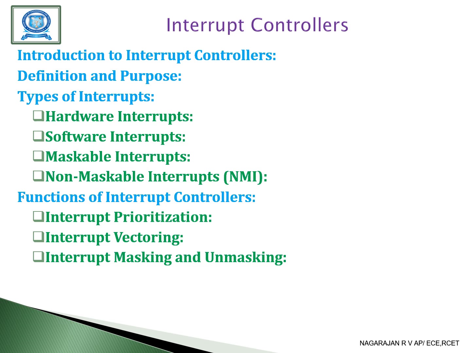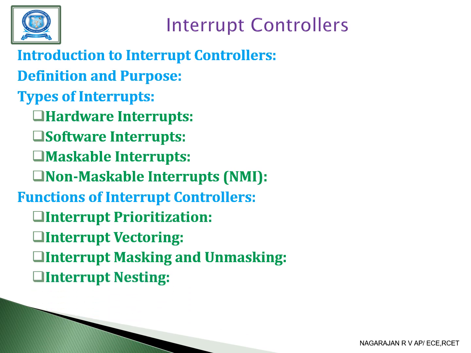The next function is interrupt masking and unmasking. Interrupt controllers allow specific interrupts to be masked, that is disabled, or unmasked, that means enabled, depending on the system's current state. This flexibility is important in controlling the flow of interrupt processing and preventing unwanted interruption during critical operations.